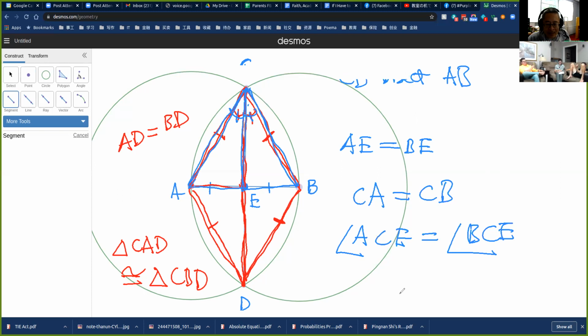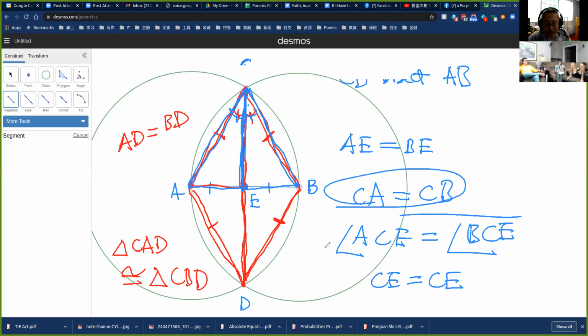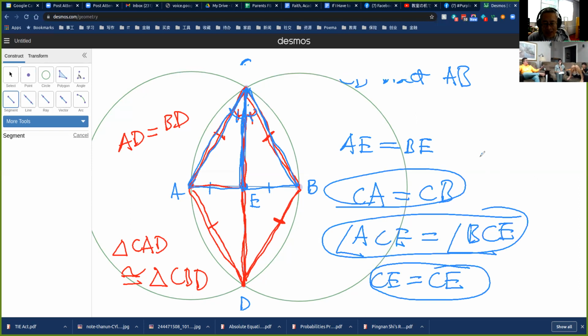And this line is common. We share that, so of course CE equals itself. So now we have side-angle-side, which means the smaller triangle AEC is congruent to triangle BEC.